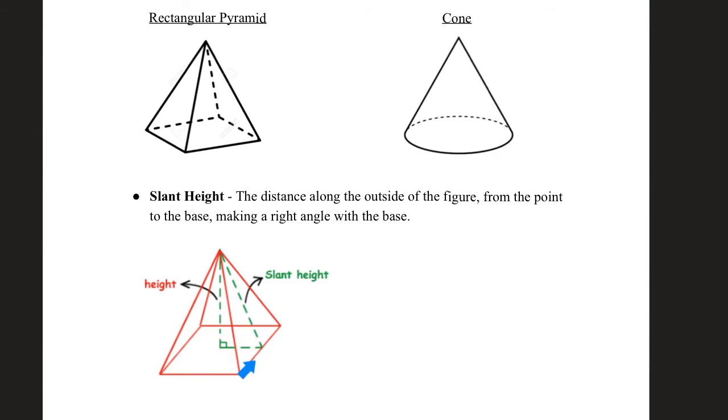This is the base down here, and that line right there makes a right angle with the base. That is the slant height. So imagine if you were on the outside of the pyramids of Giza and you literally treated them like steps and you started walking up the outside of that pyramid. You are walking the slant height of the pyramid, okay?